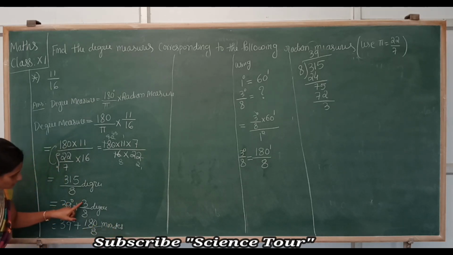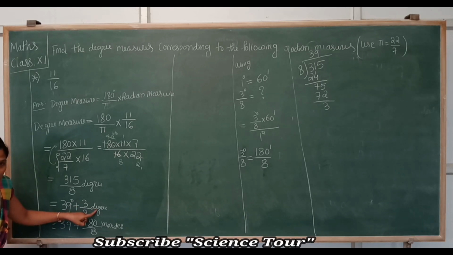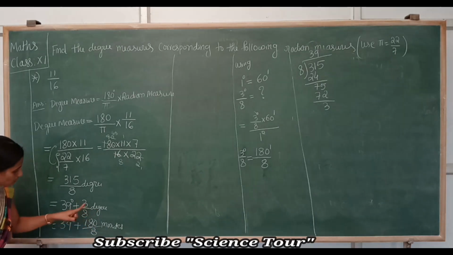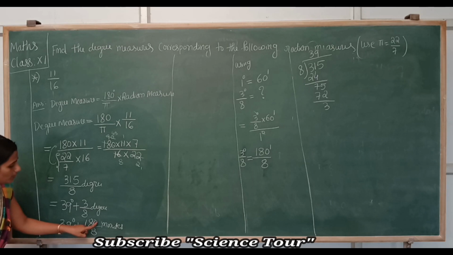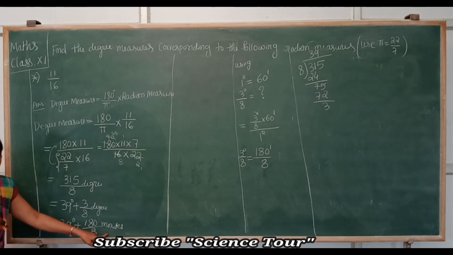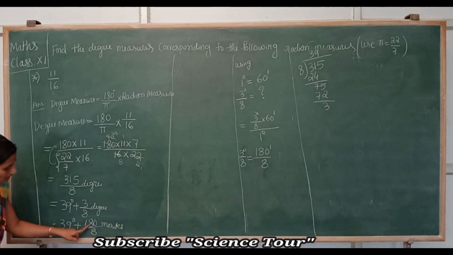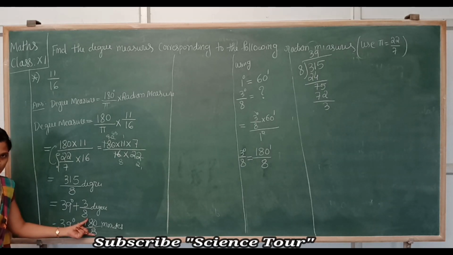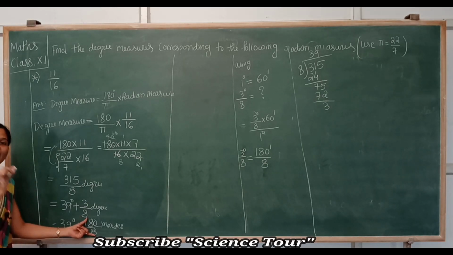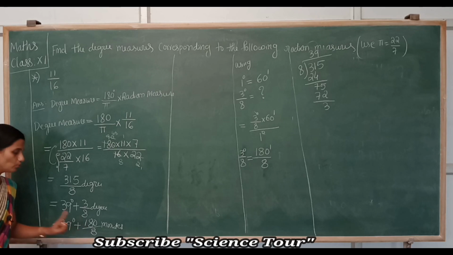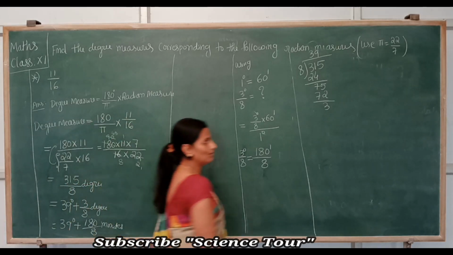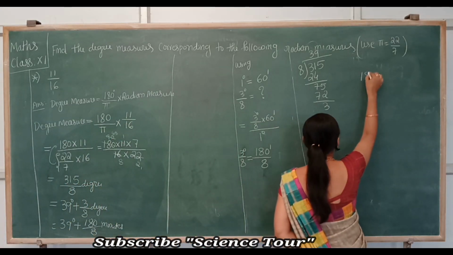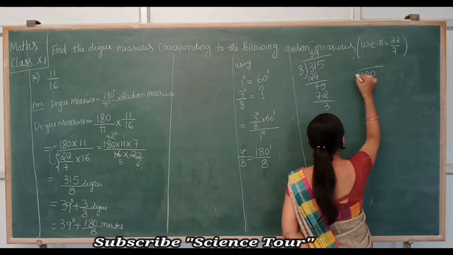So this fraction of a degree is converted to minutes. Again in the minutes we got a fraction. So that means you should separate the integer part and the fractional part. How to do it? It is again a division: 180 divided by 8.